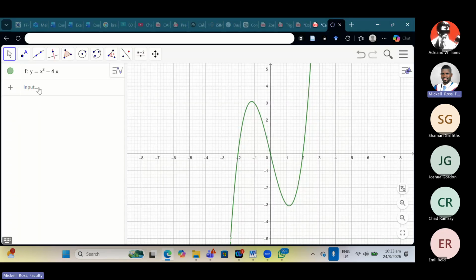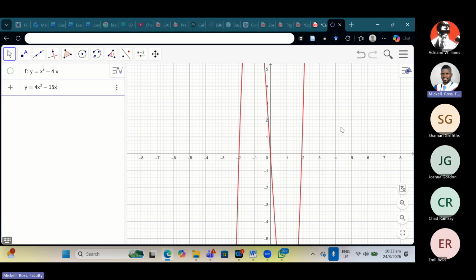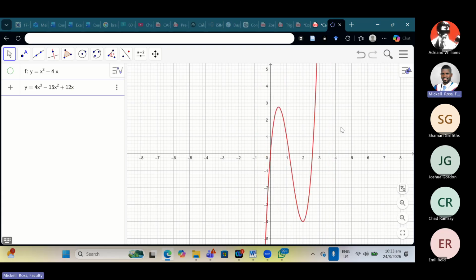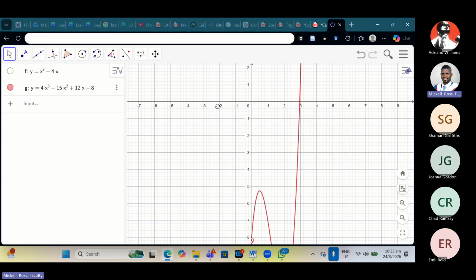I'm going to enter y equals 4x cubed minus 15x squared plus 12x minus 8. All right, here we go. Let's look at what we have.